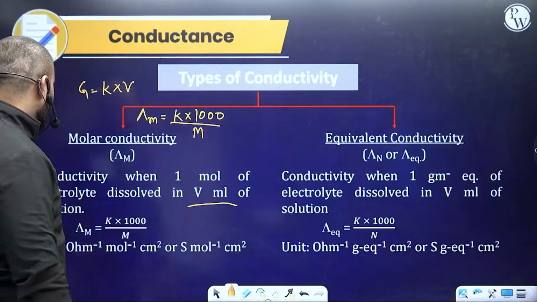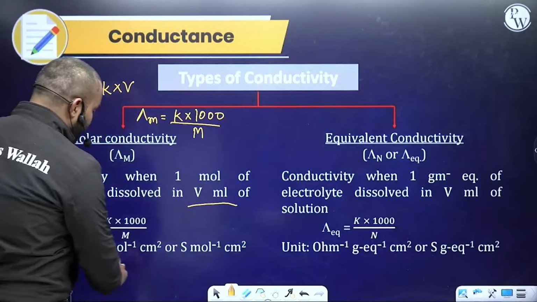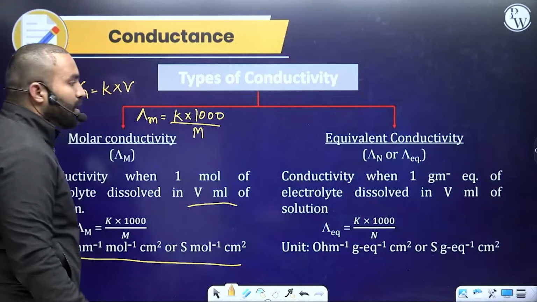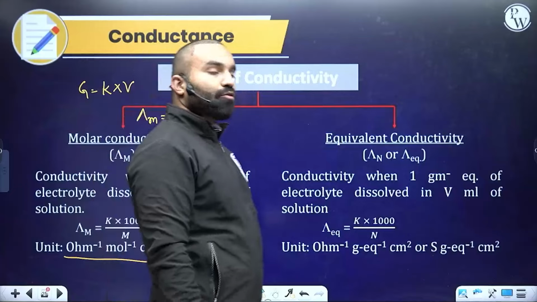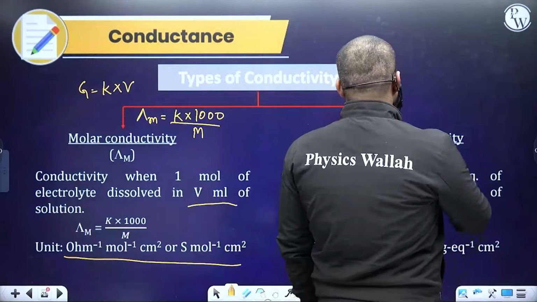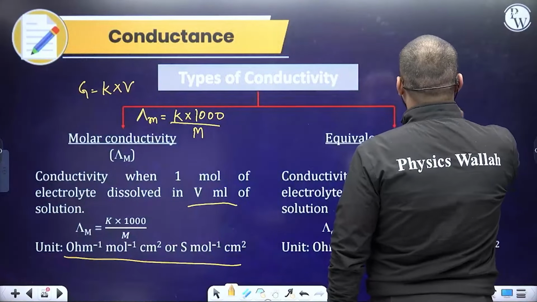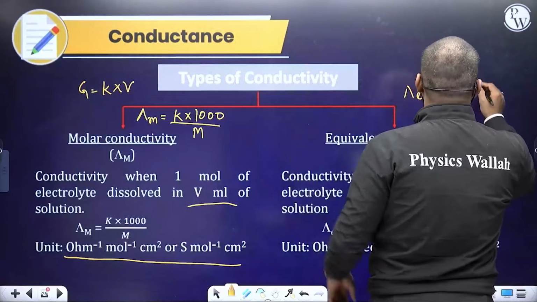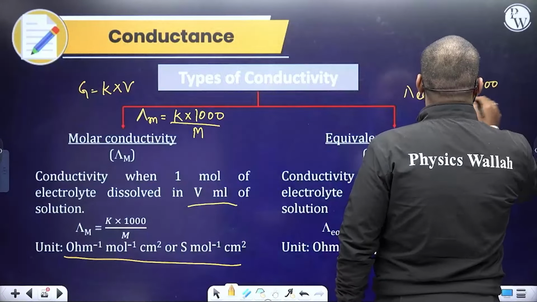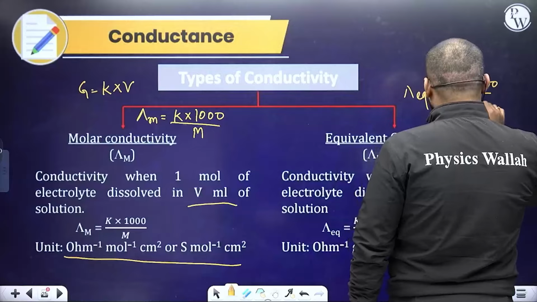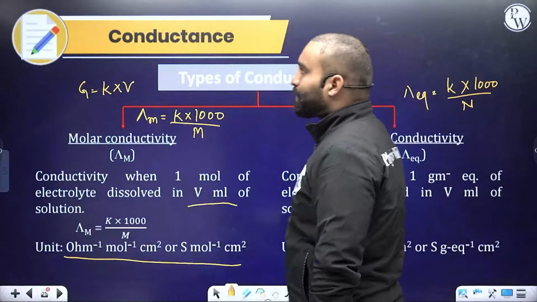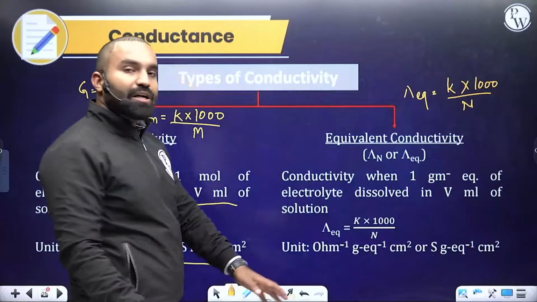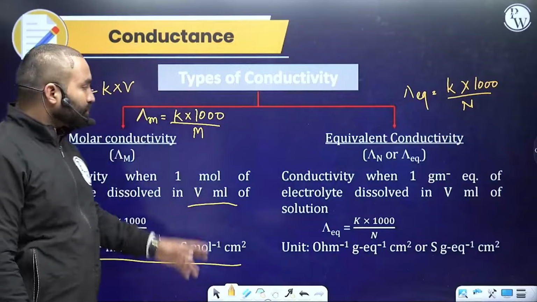So this becomes my formula. You should be very well aware of these units also. Similarly, the equivalent conductivity, the conductivity of 1 gram equivalent, is kappa into 1000 divided by capital N, where N is the normality. Are these two formulas clear, everybody?